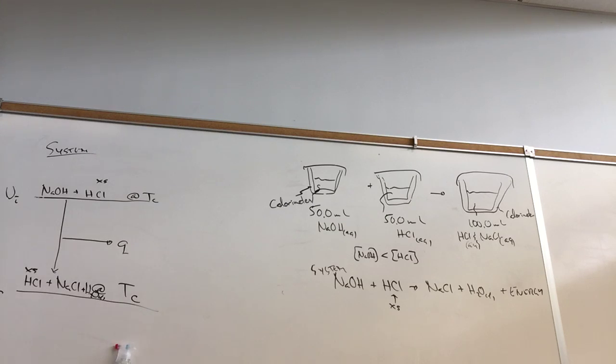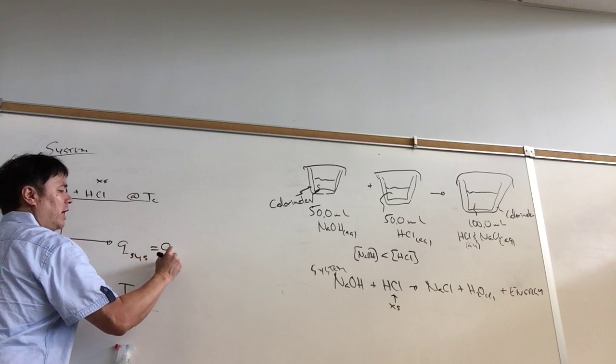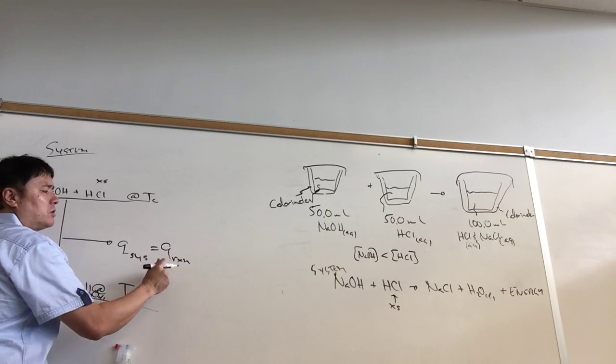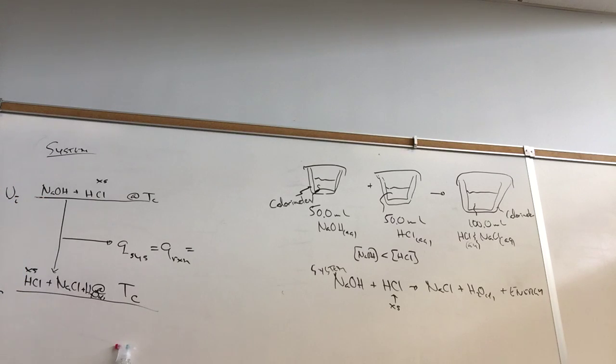And so the Q for this is different because this is Q of our system, which is Q of a reaction. When we're dealing with a reaction or process, then it's not equal to the amount times C times delta T because there's no delta T, right? What is it equal to?